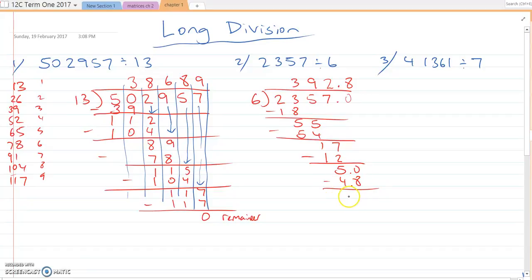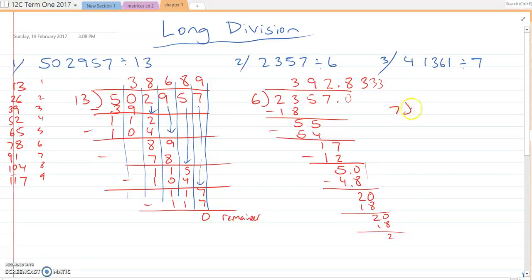Leaves 2. I'll bring the next 0 down. 20 goes 3 times, which is 18, which leaves 2. Bring another 0 down, another 3, 18, which leaves 2, another 3, and so on. So you get 8, 3, 3, 3, 3.